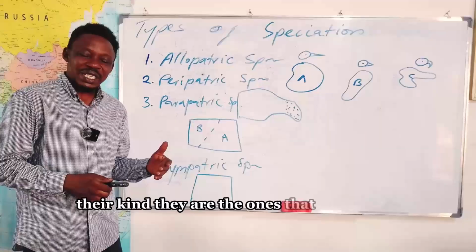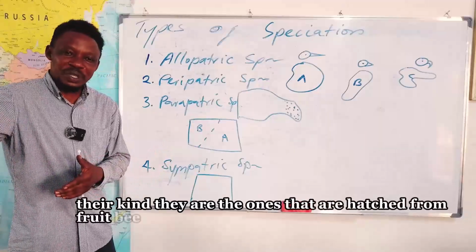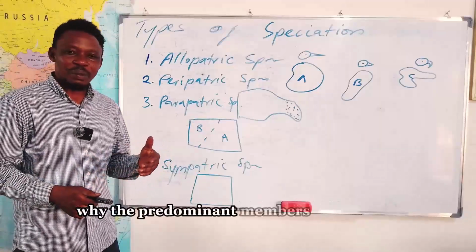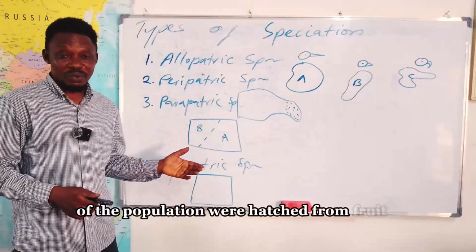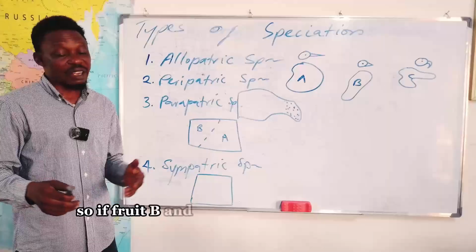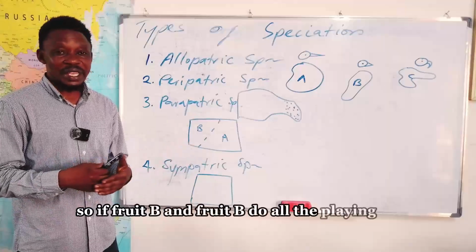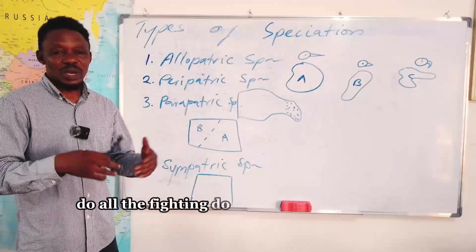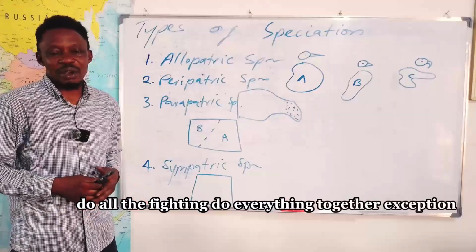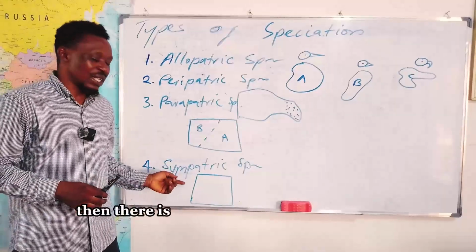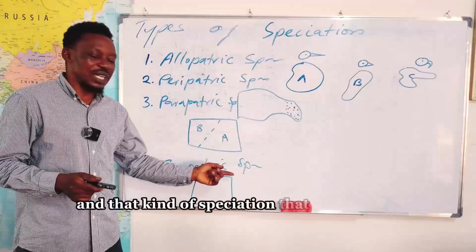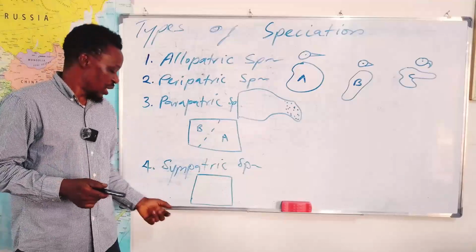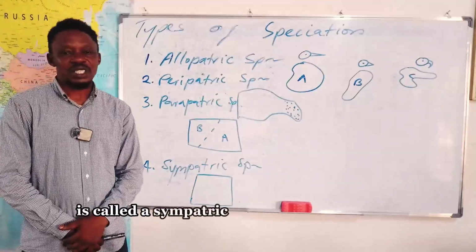They are the ones that hatched from fruit B, while the predominant members of the rest of the population hatched from fruit A. So if fruit B flies and fruit A flies do all the playing, do all the fighting, do everything together, with the exception of mating, then there is a reproductive isolation. And that kind of speciation taking place that way is called sympatric speciation.